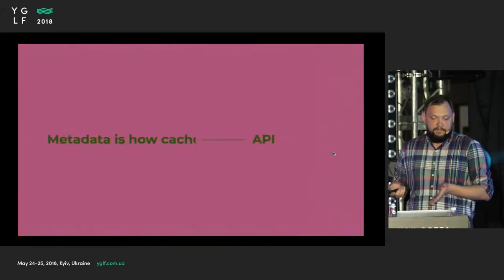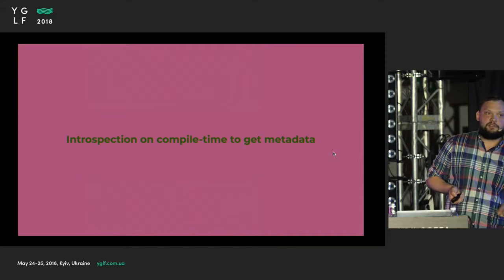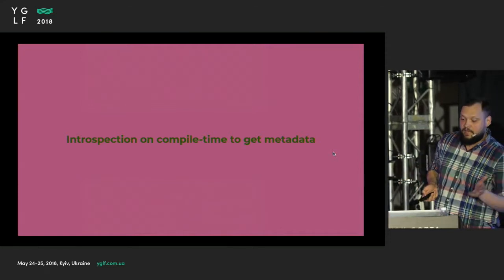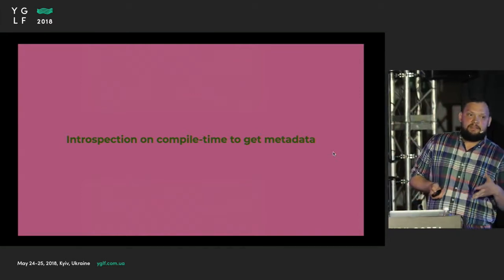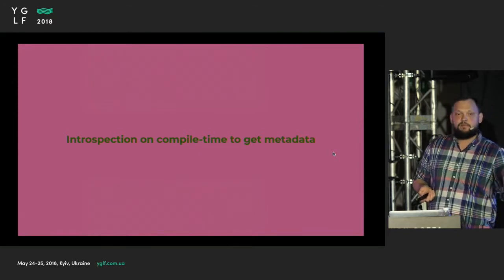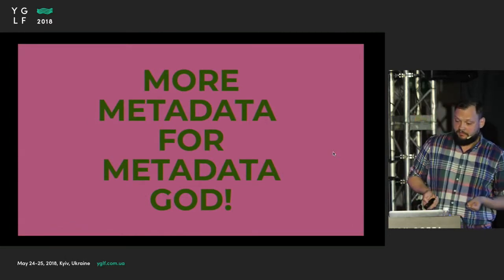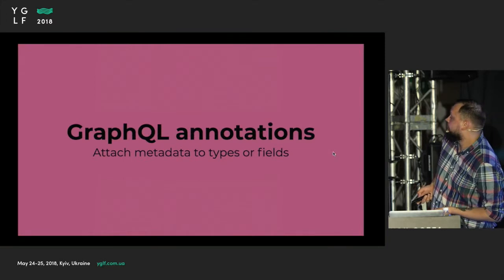So, in order to not make it slow, well, __typename is not slow, but getting the whole introspection of your API might be slow. Maybe you can do this introspection at compile time by having this introspection be queried whenever you compile your application again. So yeah, the way to make better caches is to have more metadata.